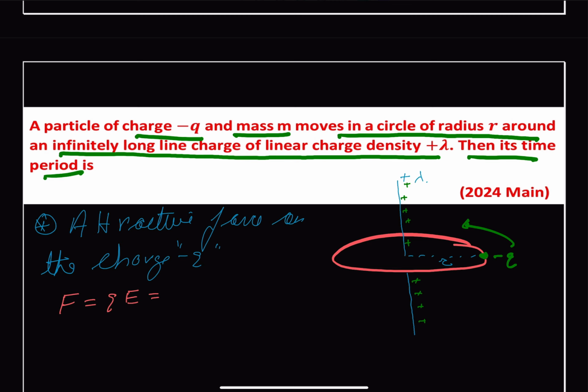And the formula of electric field we already know, that electric field at a distance r with respect to the charge density lambda is equal to lambda upon 2 pi epsilon naught multiplied by r. So we substitute the value of this electric field, we get this as q multiplied by lambda divided by 2 pi epsilon naught multiplied by r.